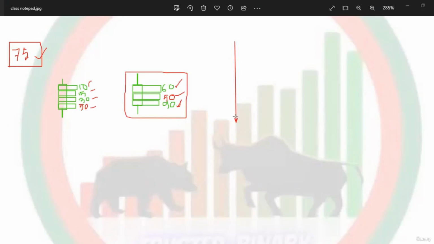In a downtrend market, supply is higher than demand. That means the sellers' effort is higher than the buyers' effort. Sellers are powerful, that's why the market is falling down. Okay, so buyers enter the market again.